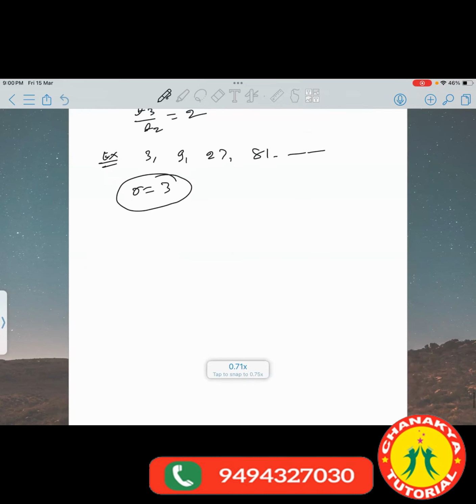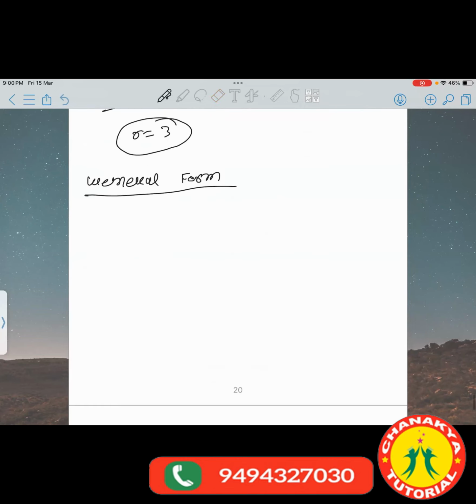So the general form is a, ar, ar square, like that. This is the first term, this is the second term, this is the third term.